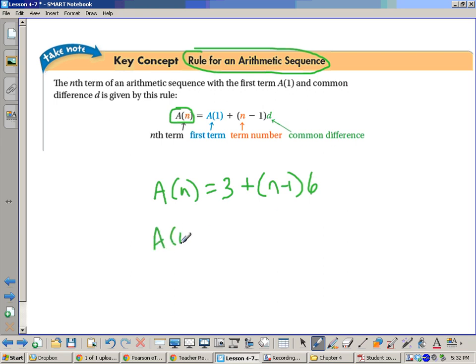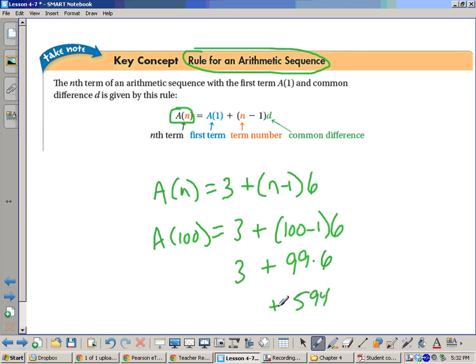So if we had to find the 100th term, we could take 3 and add 100 minus 1 times 6. So we would get 3 plus 99 times 6, which would be 594. And then we would just add 3 to get 597. So 597 would be the 100th term.